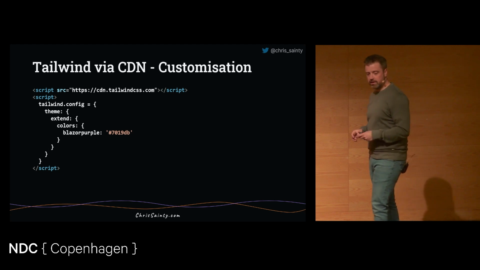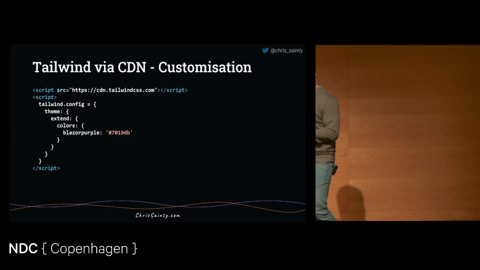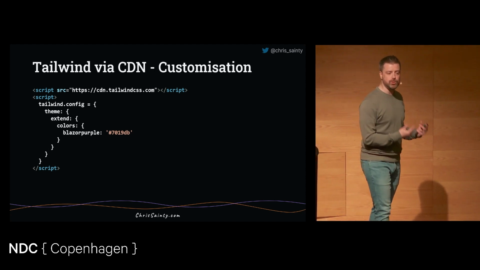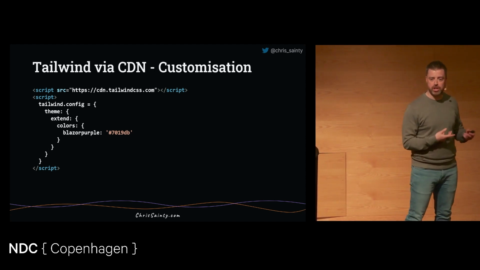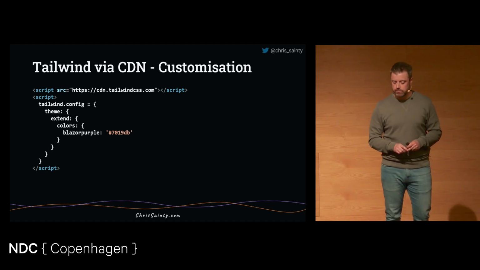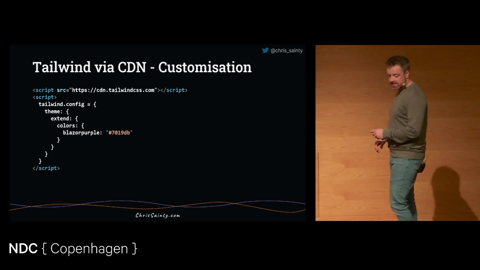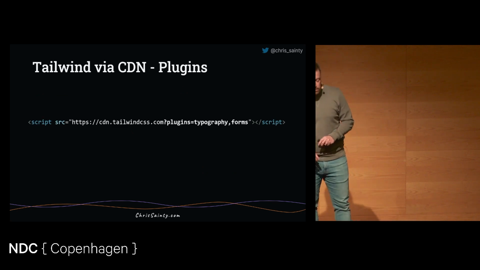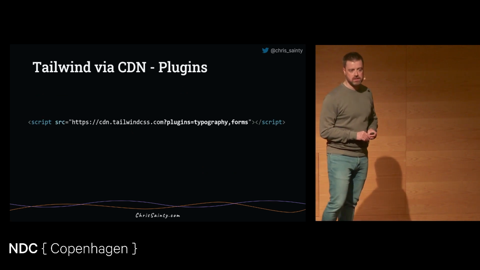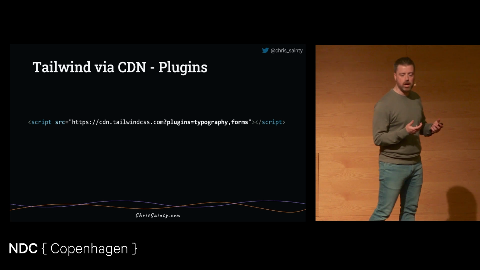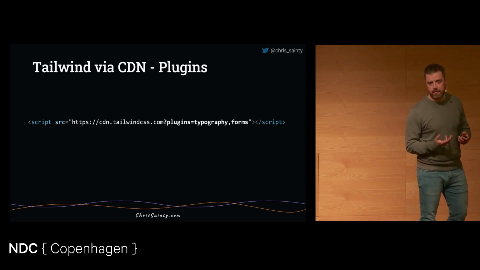To do that, you just create another script tag after the first one, and then you create that config object, and you start configuring it as you would locally. So you can pretty much change anything you want. And it gets even better. After that, you can also use plugins. Tailwind has a pretty rich plugin ecosystem.